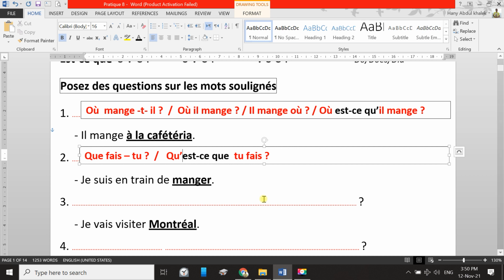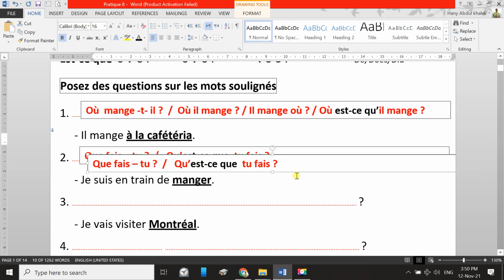Now we can understand where we get qu'est-ce que from. And here pay attention, où is an original letter in the question word, we can't cancel it. Où est-ce, we say it où est-ce, but with que we cancel the e. Qu'est-ce que tu fais? Qu'est-ce que tu fais? What do you do? Okay, next.